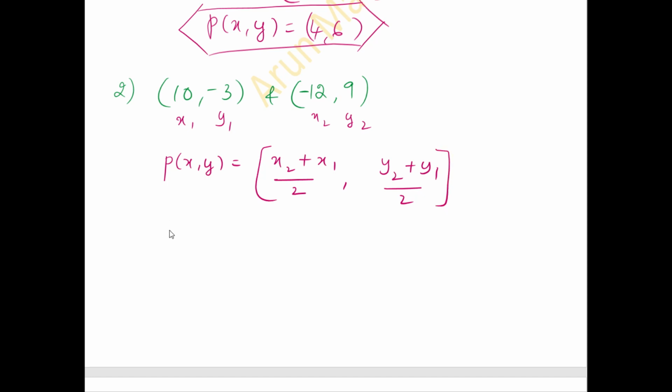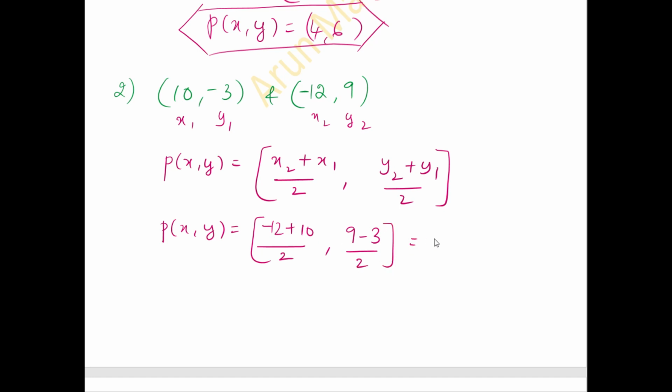Now just substitute the values. What is x2? x2 is minus 12 plus x1 is 10, whole divided by 2 comma, what is y2? y2 is 9, y1 is minus 3, divided by 2.